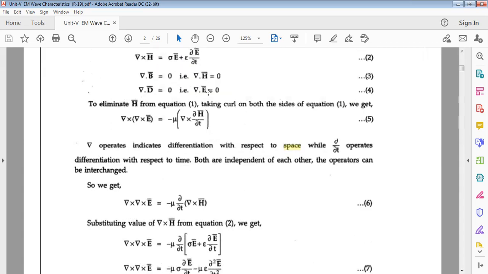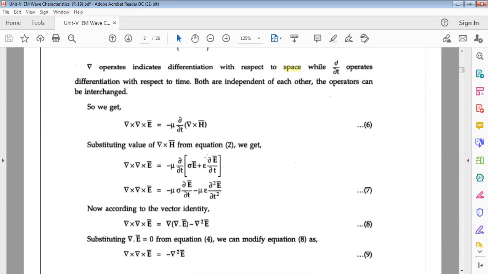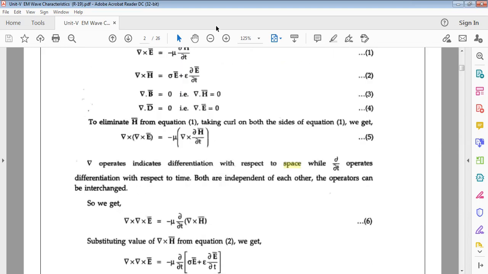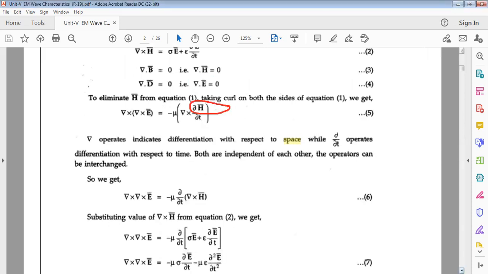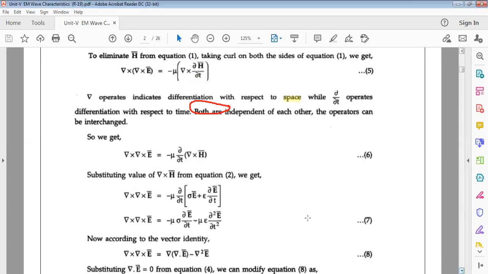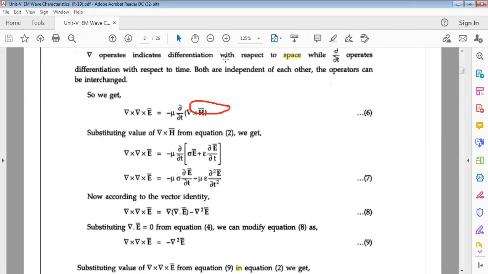Okay, in this, the del dot E bar is equal to 0. Del dot E bar is equal to 0 means the first term is 0 here. Substitute that del dot E bar in the curl property.